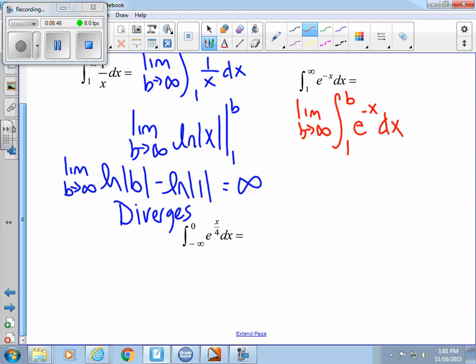Any questions so far? Can I antidifferentiate e to the negative x? And what is the antiderivative of e to the negative x? From 1 to b, not doing the limit yet. I'm going to plug in b, I'm going to plug in 1. Negative e to the negative b minus negative e to the negative 1.